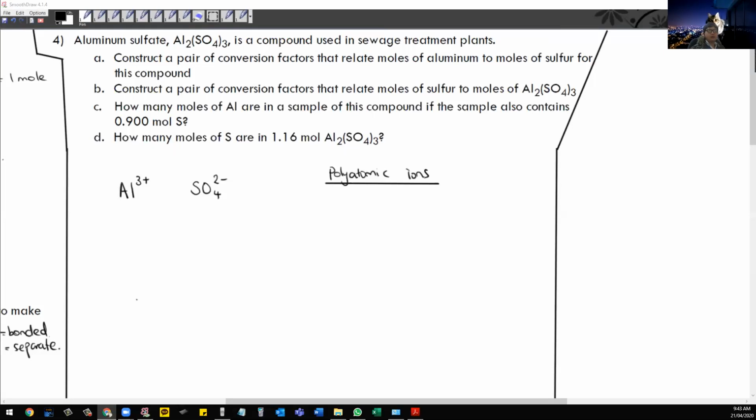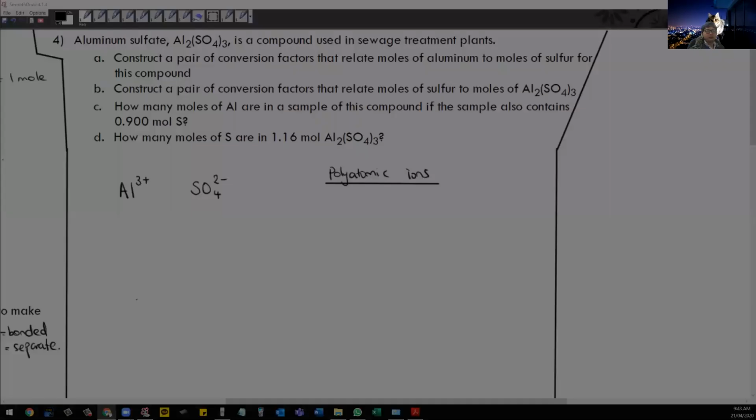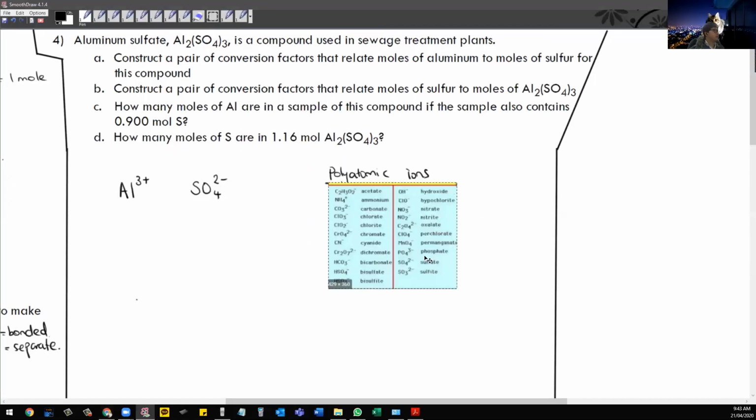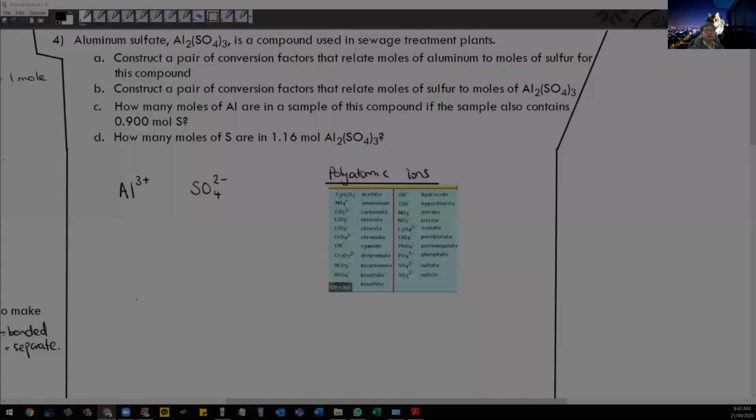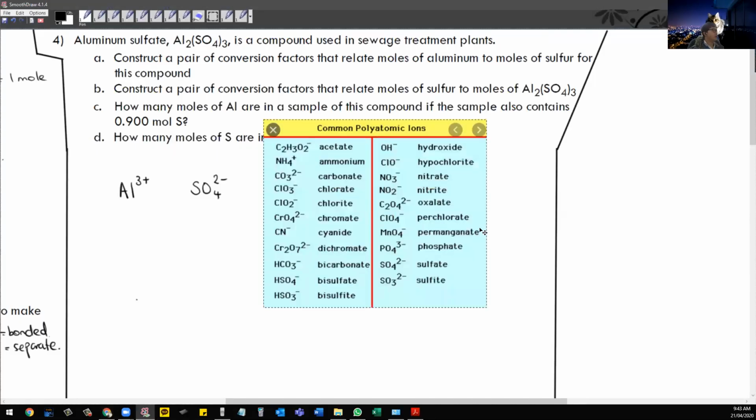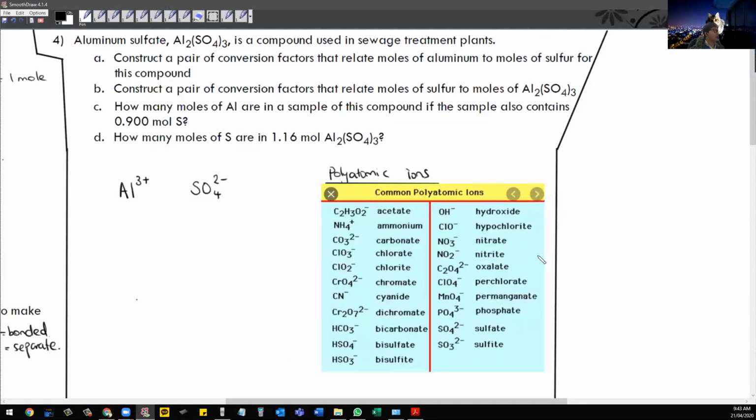Okay, so a good example is this one right here. Oh, the picture is very small. Sorry about that. Okay, that's better. So these are some of the common polyatomic ions that you will see.